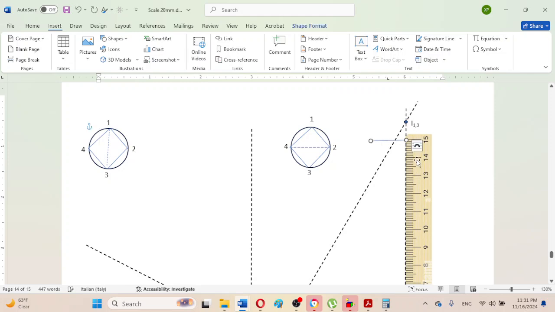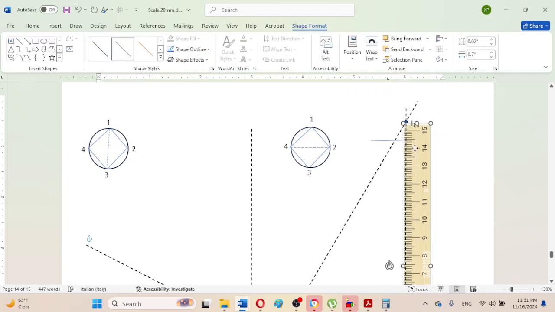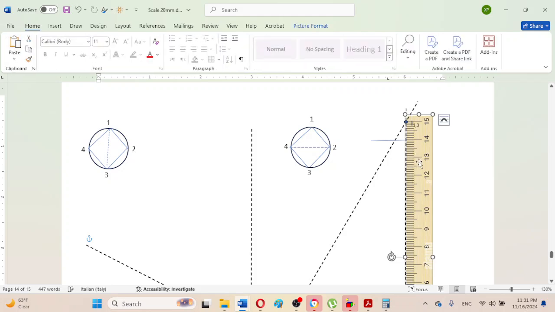So now here move, and now observe that here the distance is, up to here, approximately 1 centimeter I can say. So that means 15 or 16 millimeter approximately, because up to here was 15 centimeter, so 1 centimeter above.